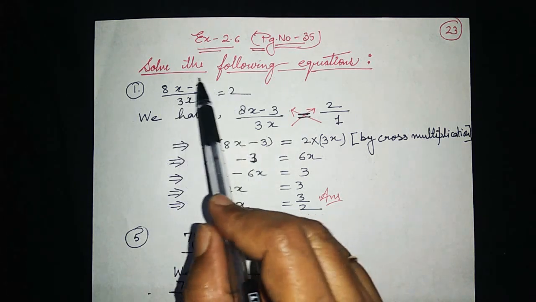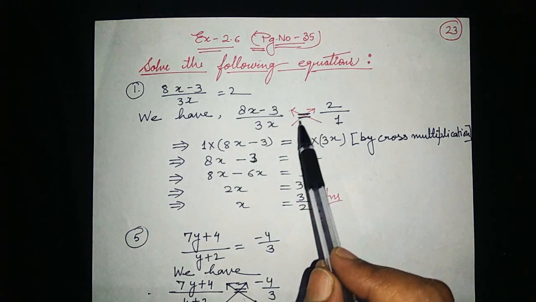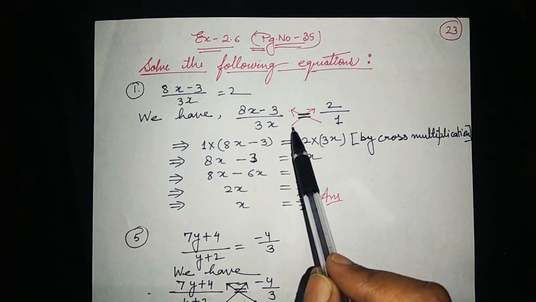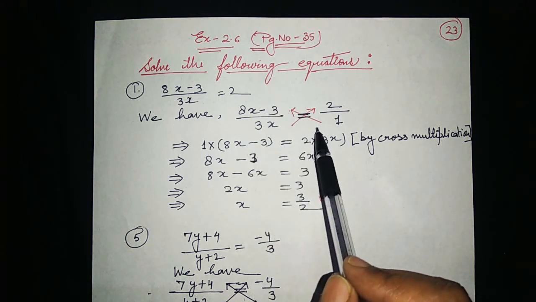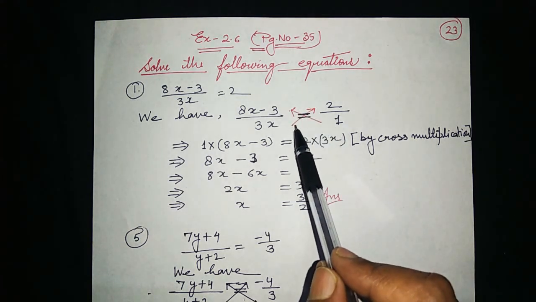Such type of question, if you get, you will use the cross multiplication method. By cross multiplication, you can solve this question. Here you can see I have drawn a sign of cross multiplication.